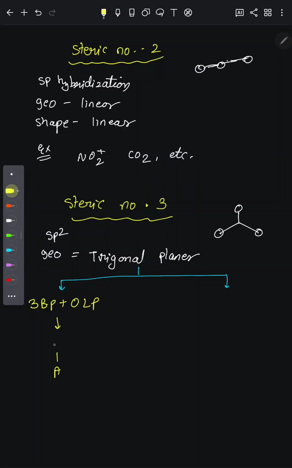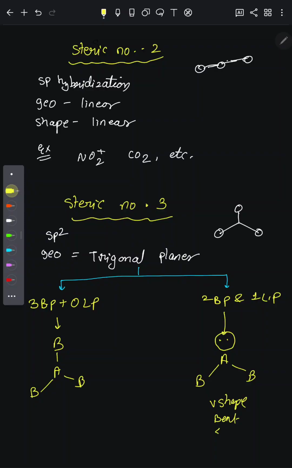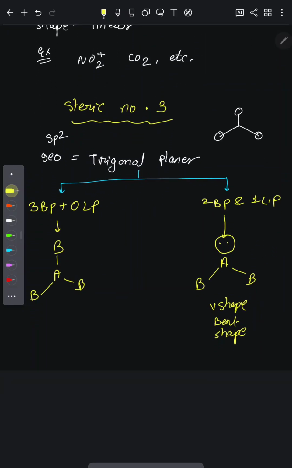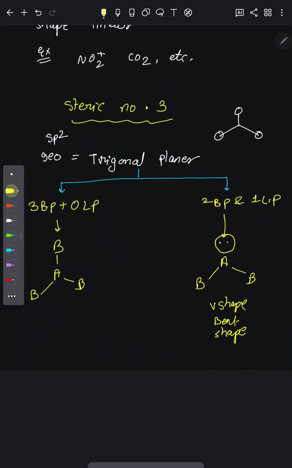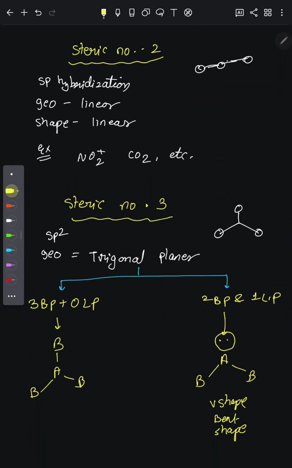So this type of molecule, A, B, B and B, is present here, and in another case, 2 bond pairs and 1 lone pair can be present. So the molecule will become A, B, B and a lone pair. So this is V shape or bent shape or angular shape, and their geometry will be trigonal planar.